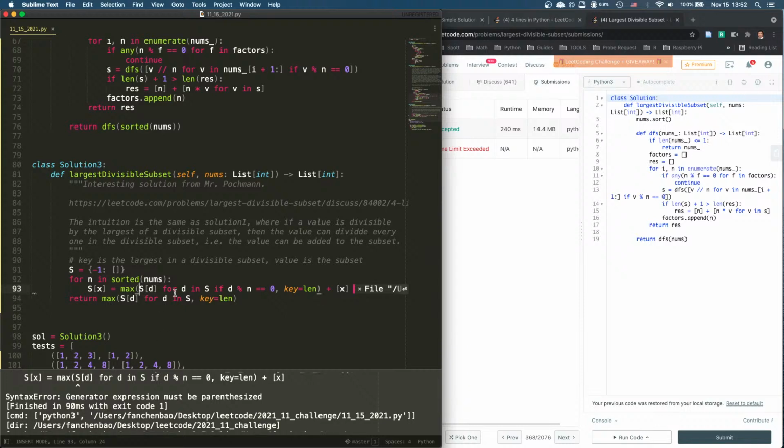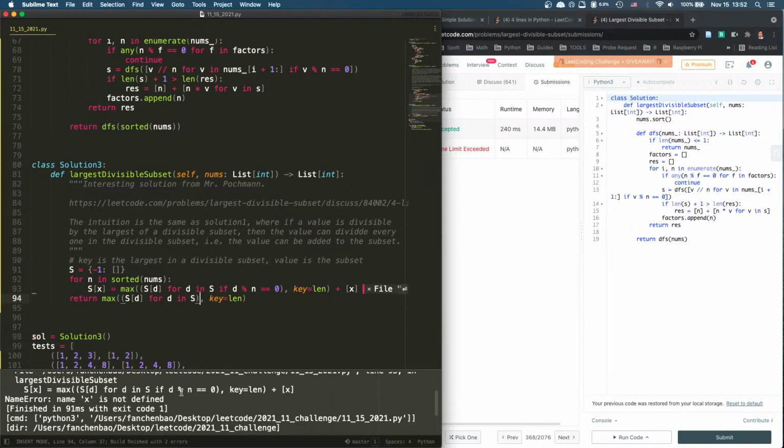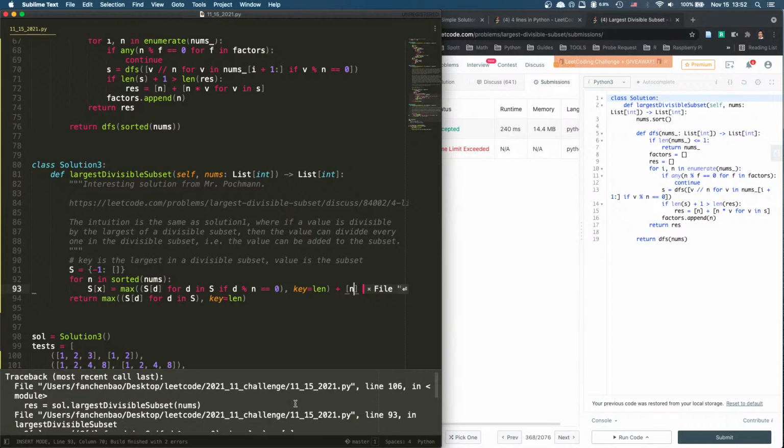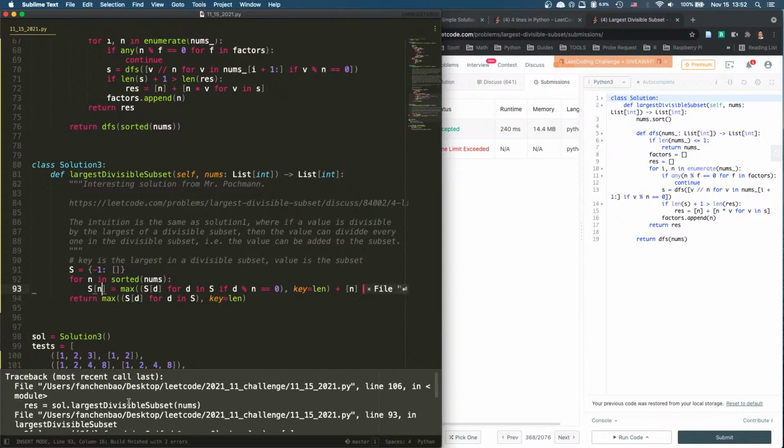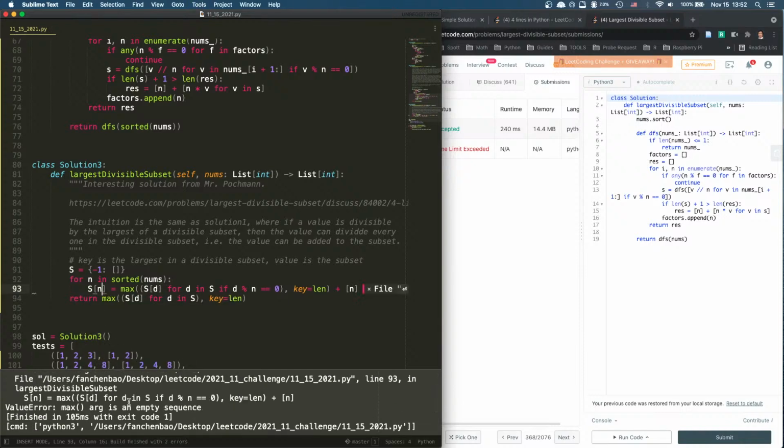Must be parenthesized. Name x is not defined. That's n. Name x is not defined. I have another x. Jeez, n. Max argument is an empty sequence. How?